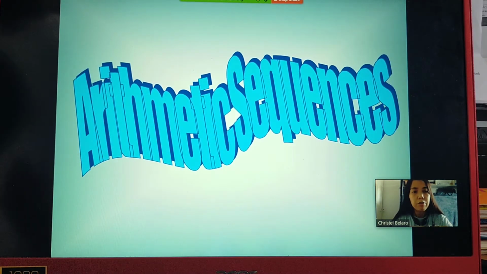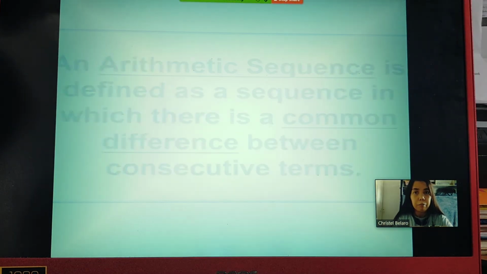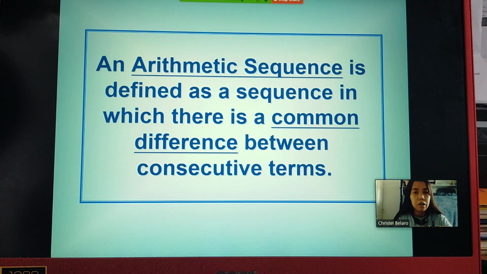So how do we know if the given sequence is an arithmetic? Please read. Yes, Hector. An arithmetic sequence is defined as a sequence in which there is a common difference between consecutive terms. You're going to find the difference of each term. If they have a common difference, that sequence is an arithmetic.